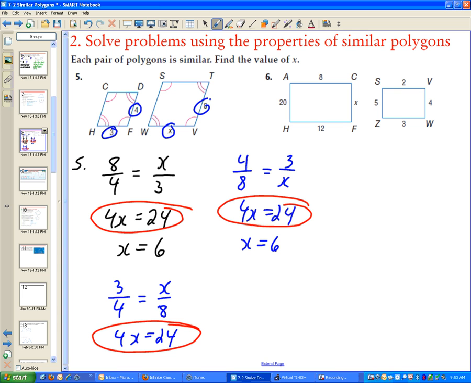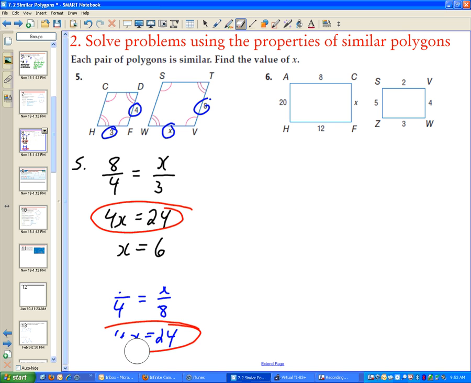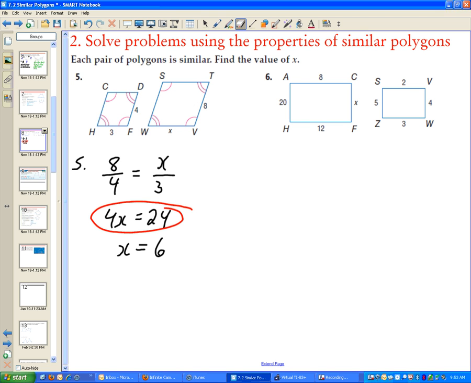And I'm not going to show you all of them. But yeah, there is more than one way to do it. But what I'm going to do is stick with making the ratios out of the similar sides. Because, like I said, if it's not similar, we're just not getting the same scale factor when you write your ratio.